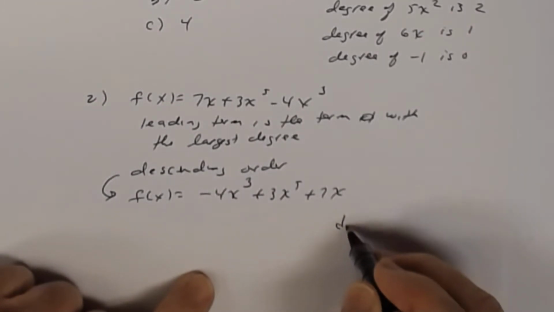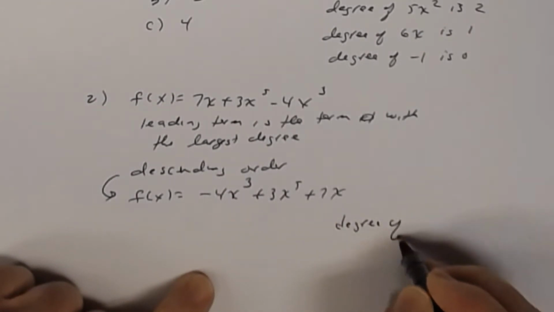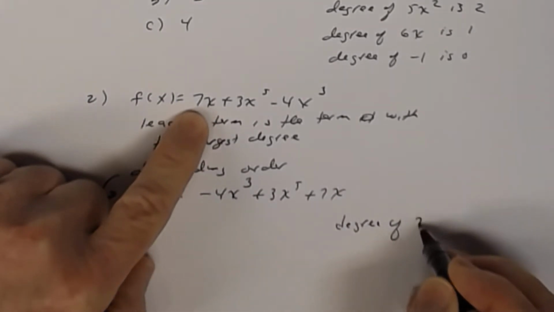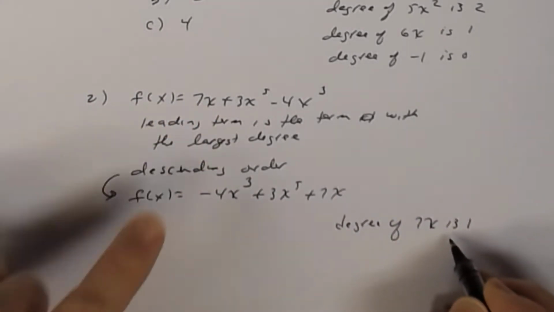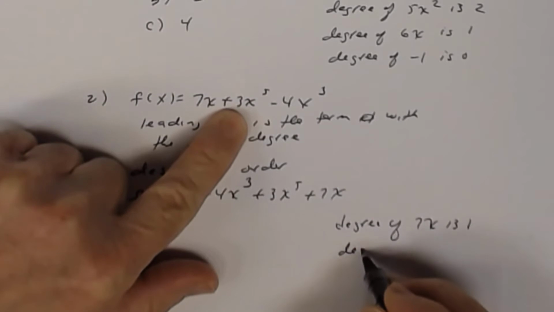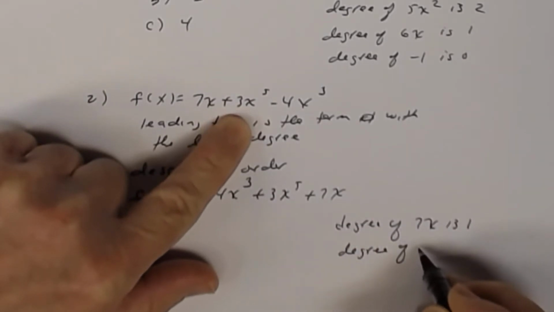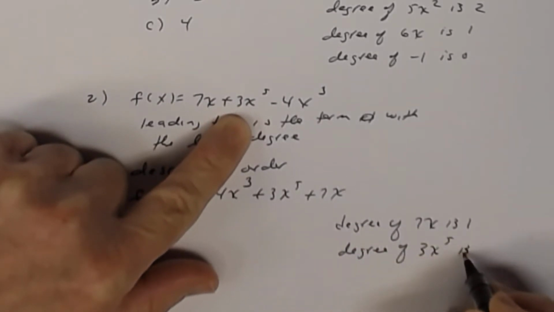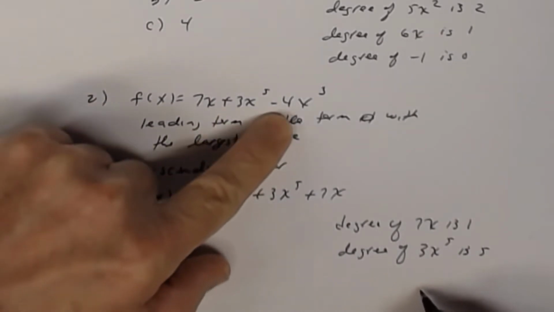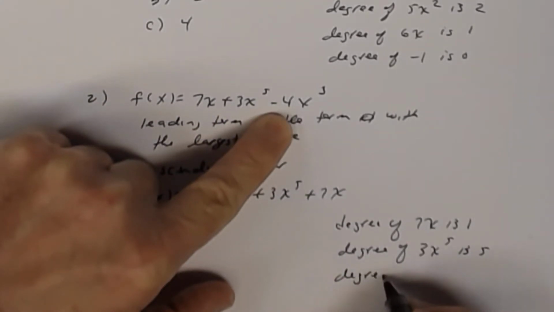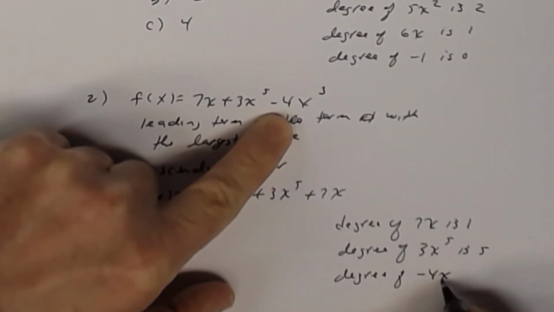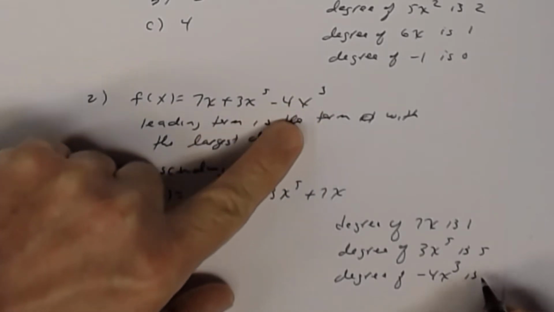You could have just said, the degree of this term 7x is 1. The degree of 3x to the fifth is 5. The degree of negative 4x cubed, remember, you've got to keep that sign with it, is 3.